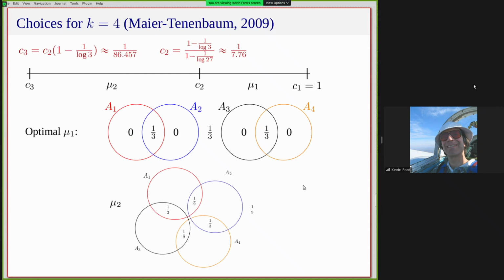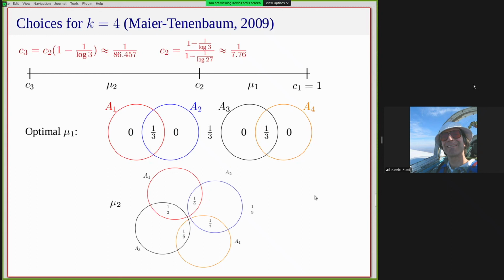Now, what they did is they produced 2 close divisors from mu2 using the 1/3, 1/3 pieces, and then another pair coming from here and from here, and then glued them together in all possible ways to get 4.